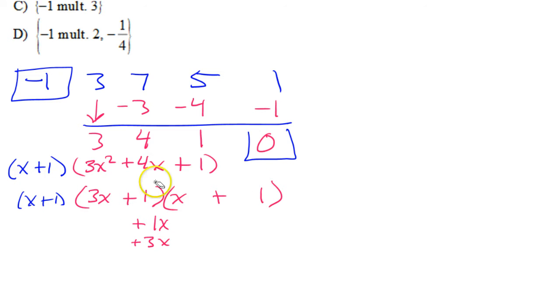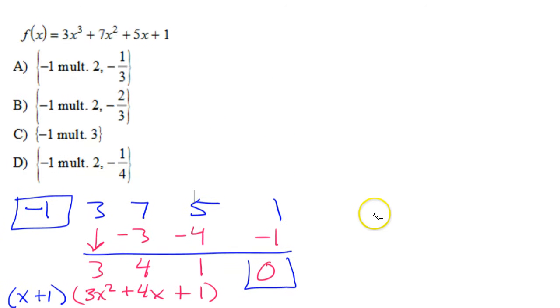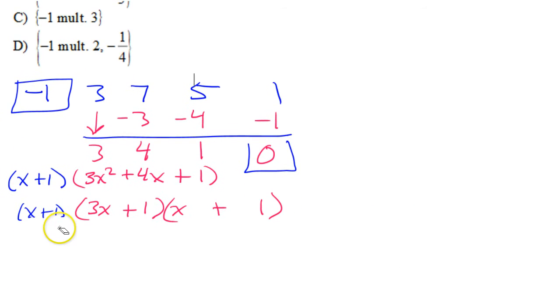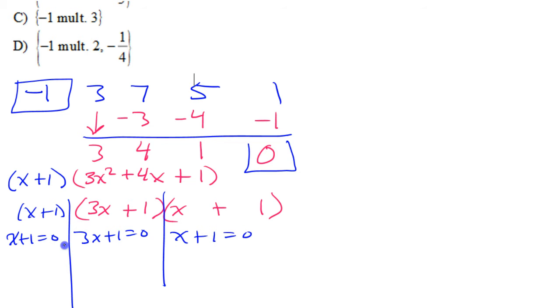So we are looking for zeros, not factors this time. We're finding the zeros of this polynomial. So what I would do is set each of these equal to 0. So I've got x plus 1 equals 0, 3x plus 1 equals 0, and x plus 1 equals 0.